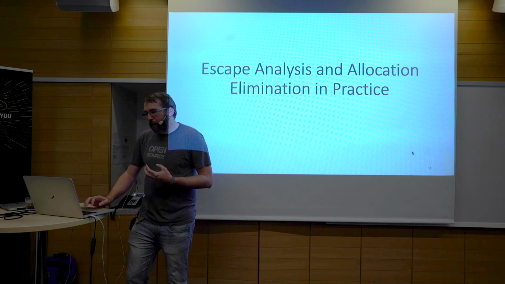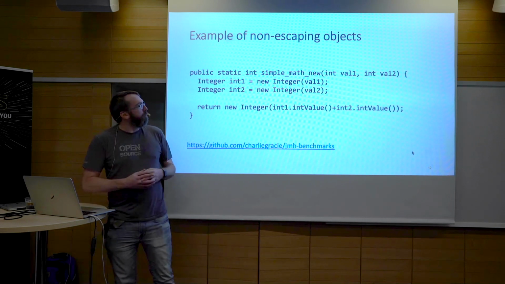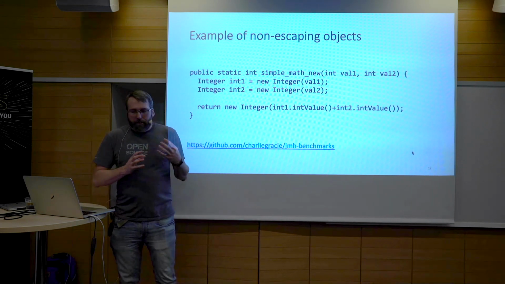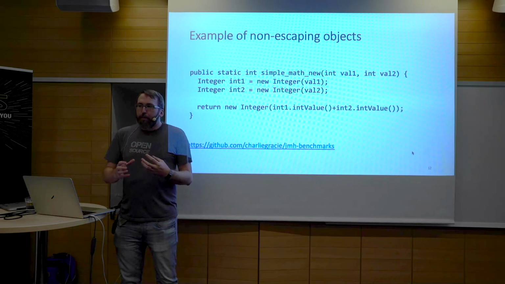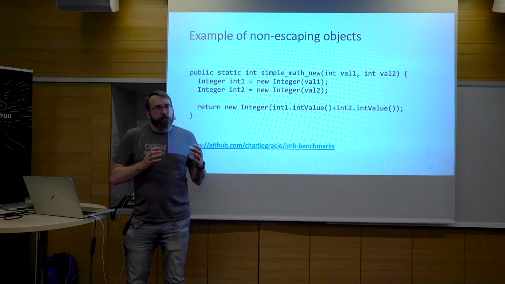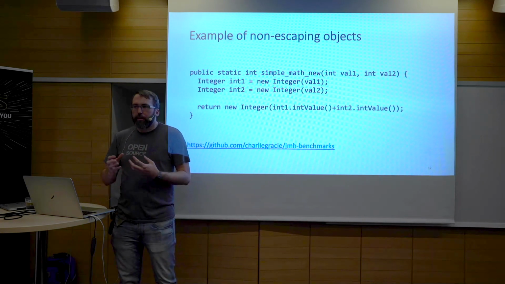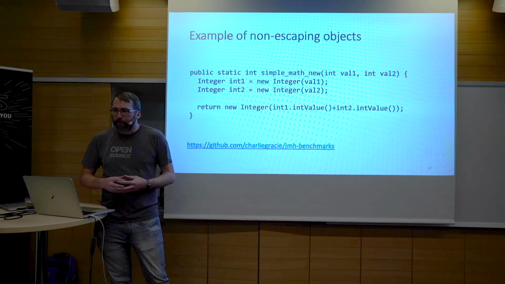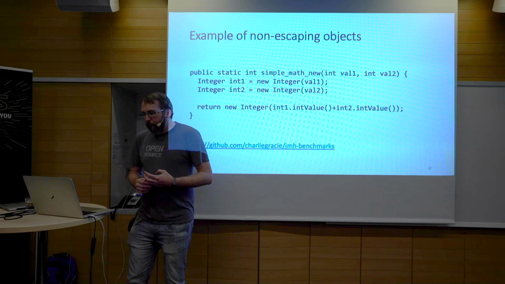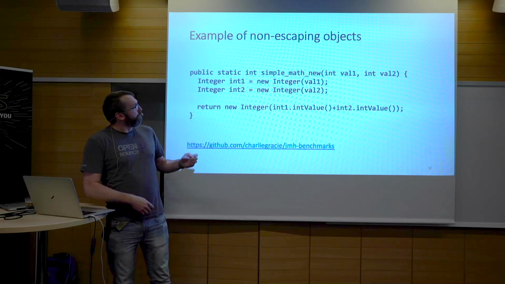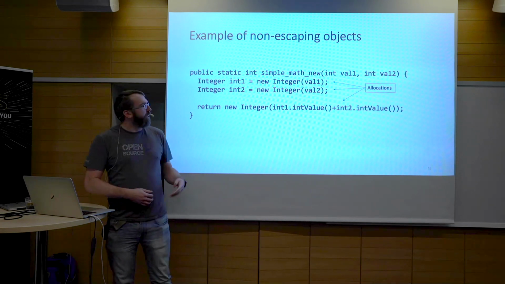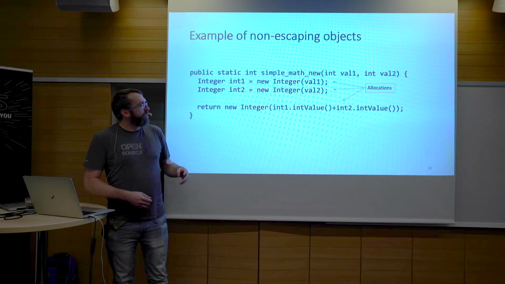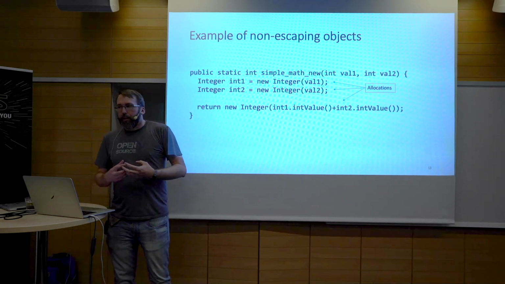The key point of my talk today is how this works in practice, in particular in C2, because that's what I'm focused on, and where I'm hoping to make some improvements. So if we look at this very simple code, we end up creating some integers, and that'll end up being 3 allocations.